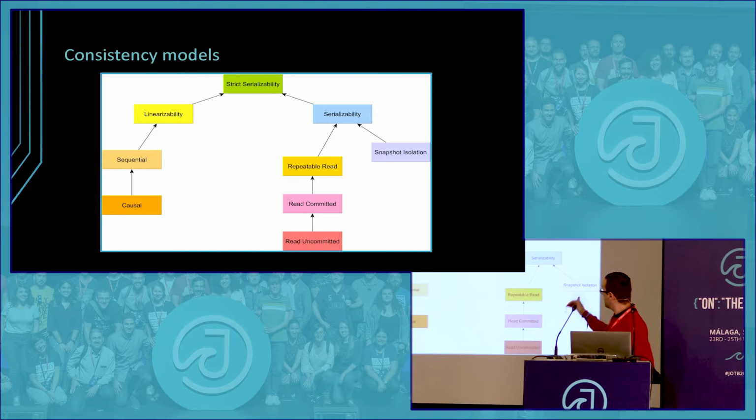And on the other part, you have how operations are seen by other concurrent services. So for instance, linearizability tells you that when you write something and you read it from a different connection, you actually get to read the same value that was written.